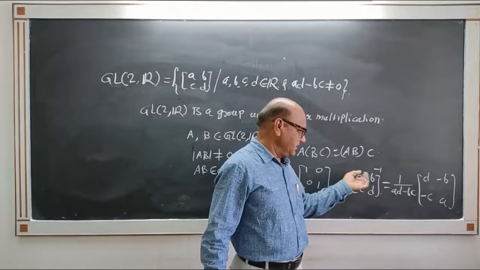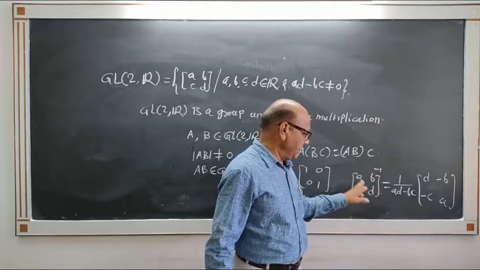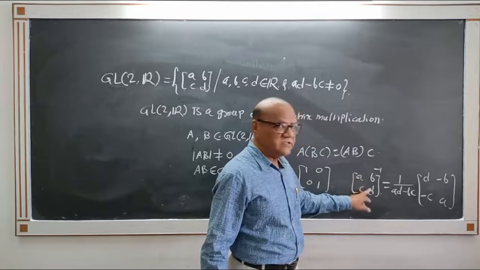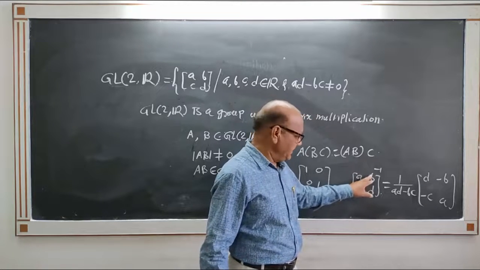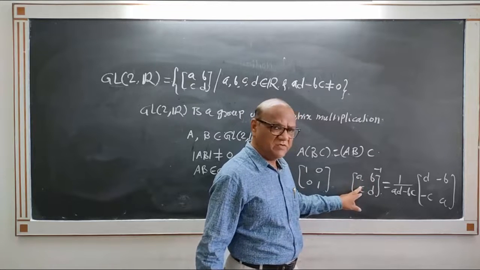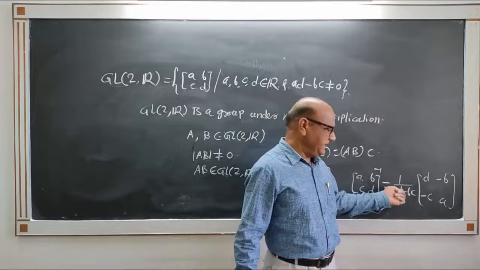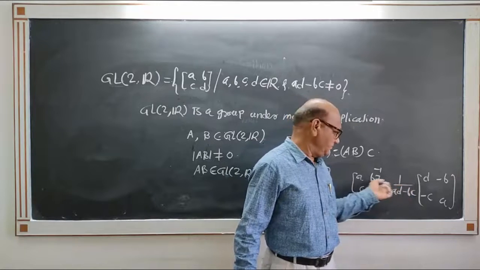That means to find the inverse, interchange these two elements diagonally, change the sign of these two elements, and divide each element by the determinant of this matrix.